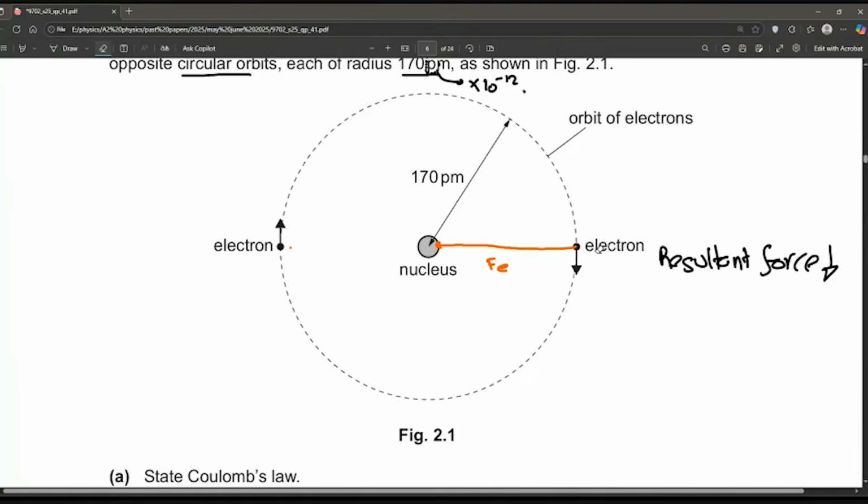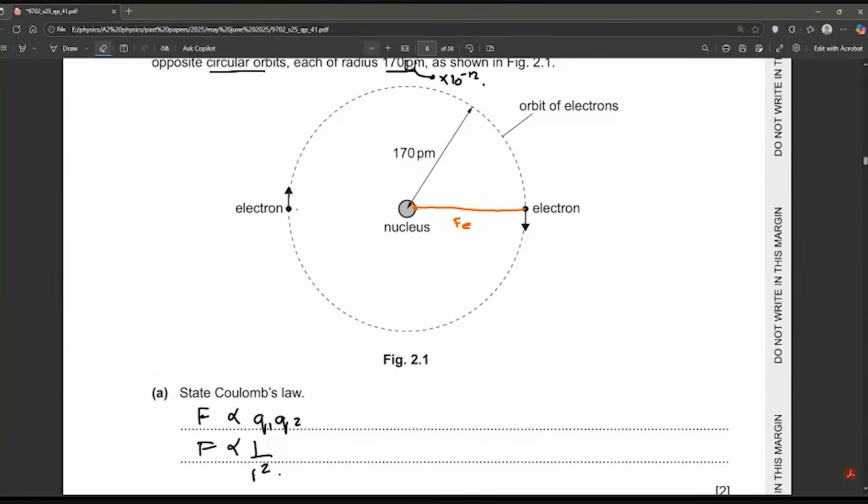Initially, when the nucleus was applying an attractive force on the electron, the whole electric force was equal to the centripetal force.